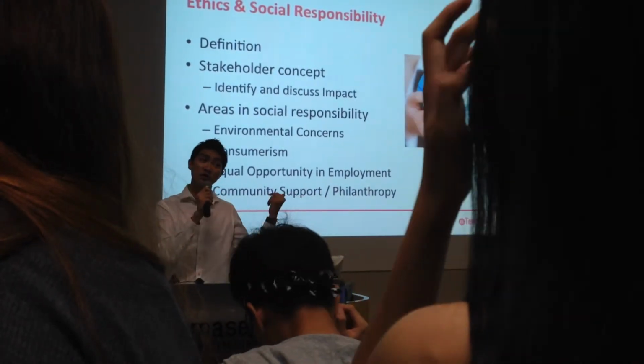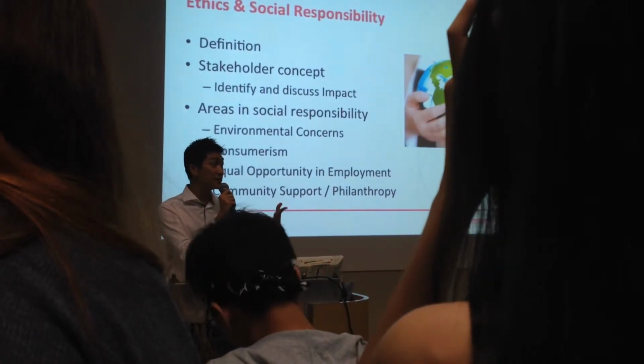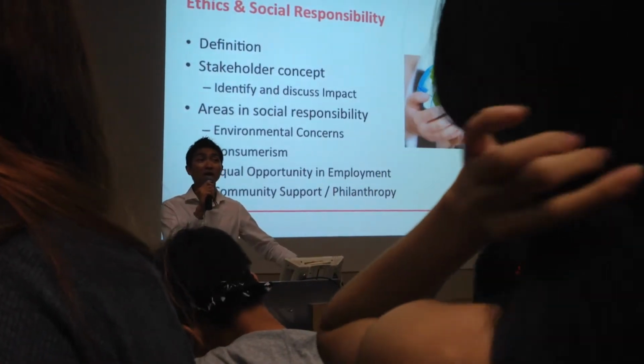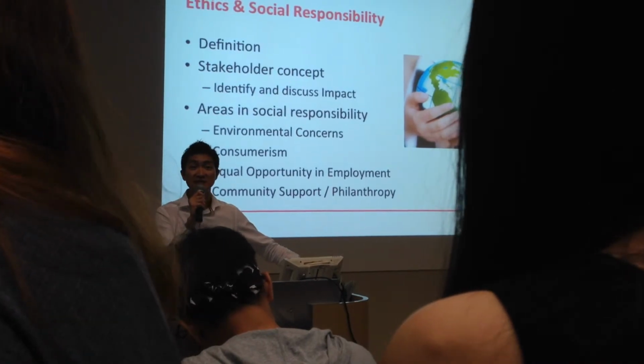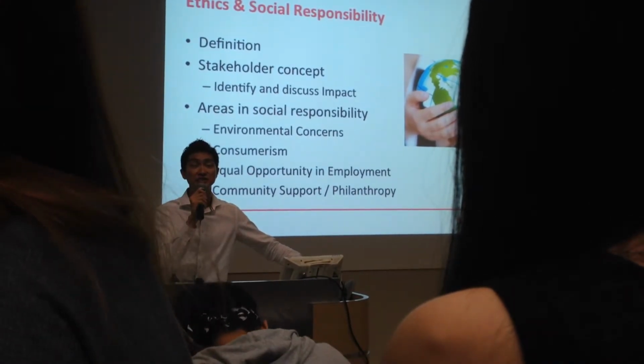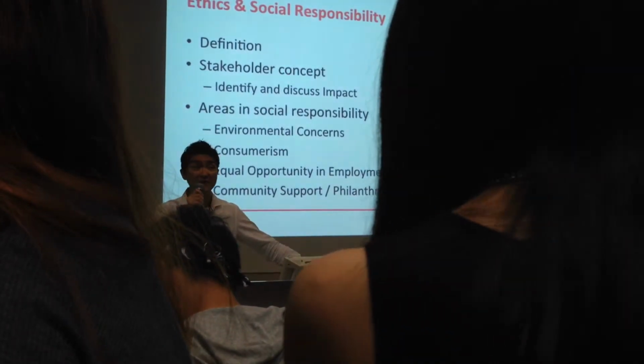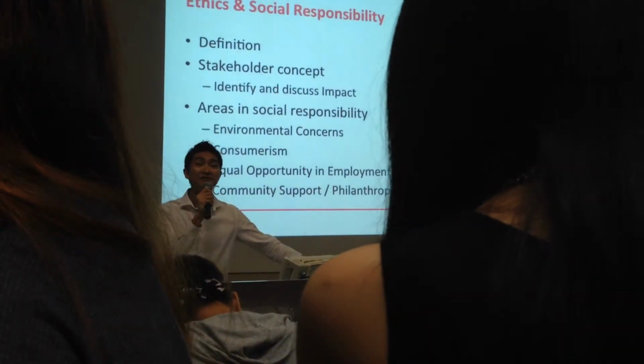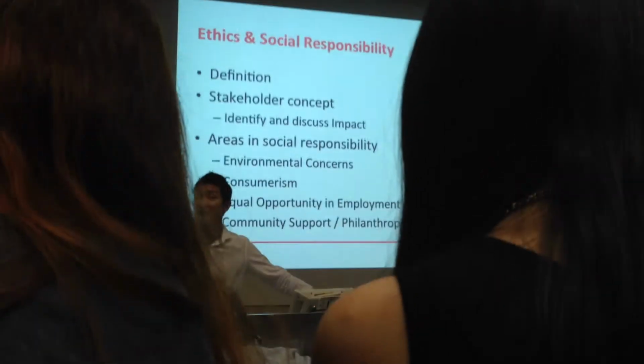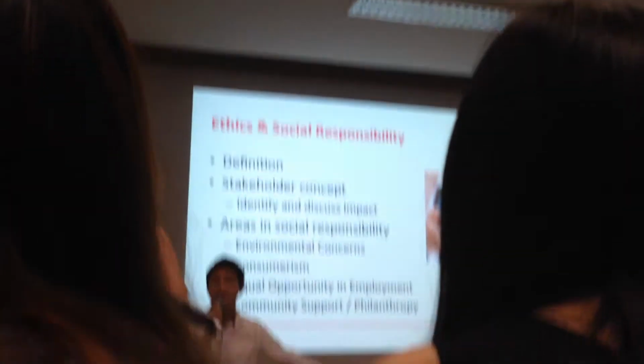It could be a person, an agency, or a body of people who has an interest. The keyword is interest in your organization. So people like your shareholders have an interest because they hope that by investing in your organization, they can have a healthy return on their investment.